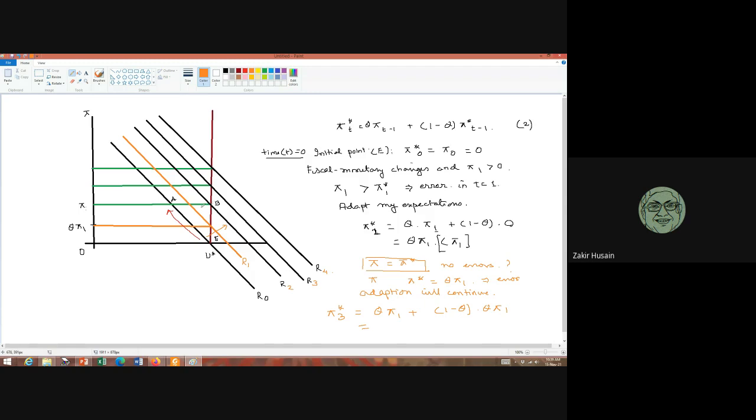Here, when I reach R2, or at point B on R2, my expectations turn out to be correct. There are no errors and the adjustment or adaptation process stops.